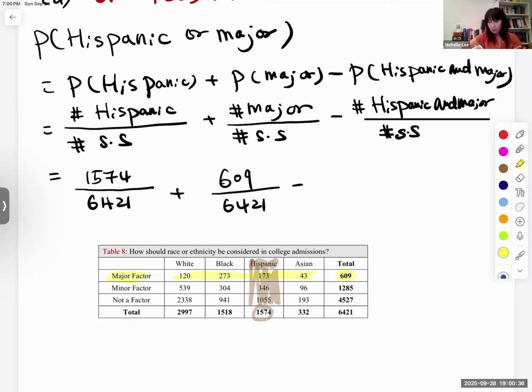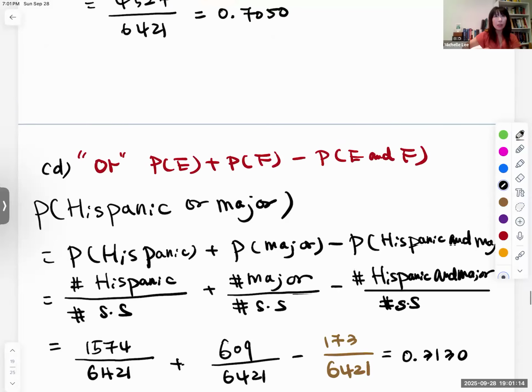That means 173 counted twice here, right? So we want to take it out one count from there, right? So there is 173 over 6,421, right? Okay, now can you please calculate? Yeah. So everything. So it's 0.3130. Excellent.